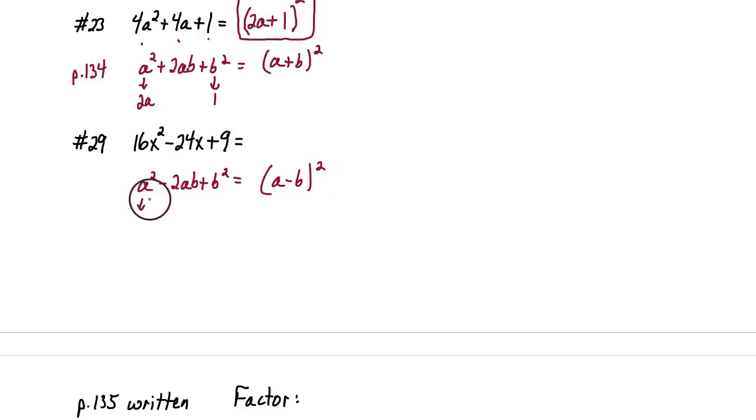In our expression, the letter a is 4x, and the letter b is the number 3. 4x times 3 is 12x, twice 12x is 24x, and that is what we have in the middle. So following the pattern, the answer will have a set of parentheses, squared, then fill in the 4x, and the minus, and the 3.